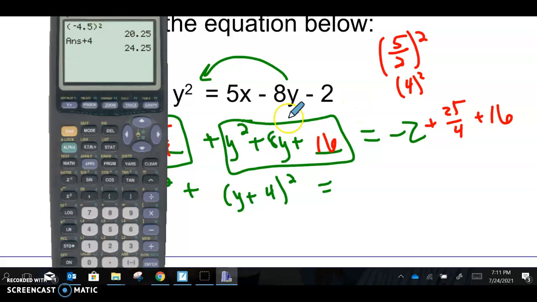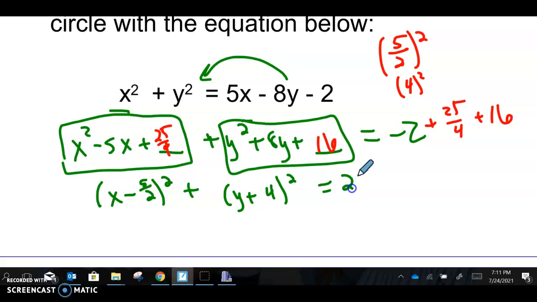I'm putting it in the formula for a circle so I can find the center and radius. I'm going to do this addition. -2 plus 25/4 plus 16. Let's see what we have over here. Looks like we have 20.25. I must really like that number. 20.25. So now I know what the center is. The center is 2.5, -4.